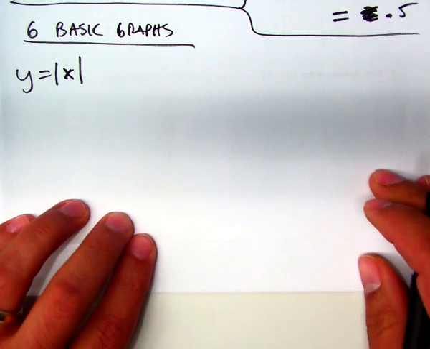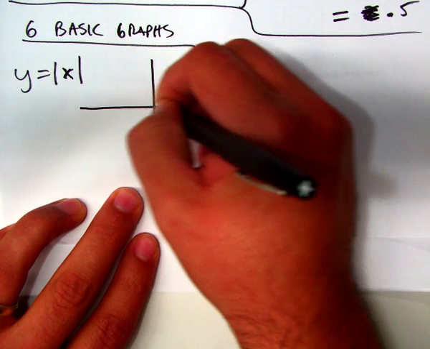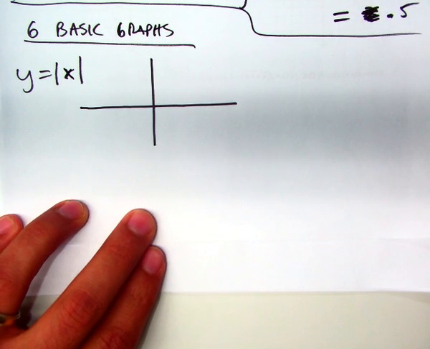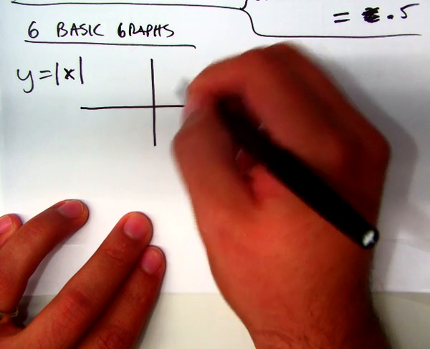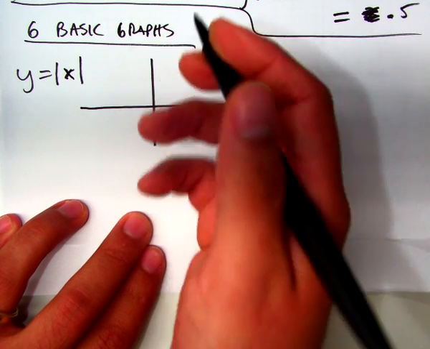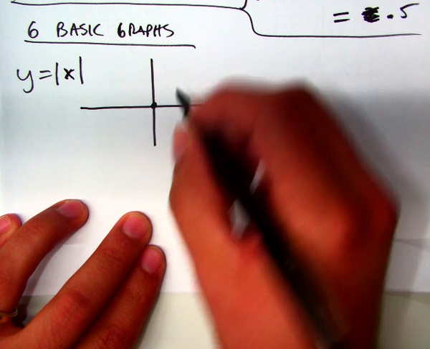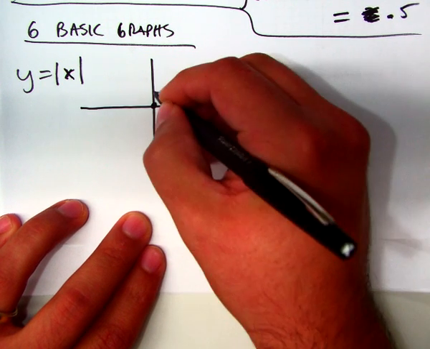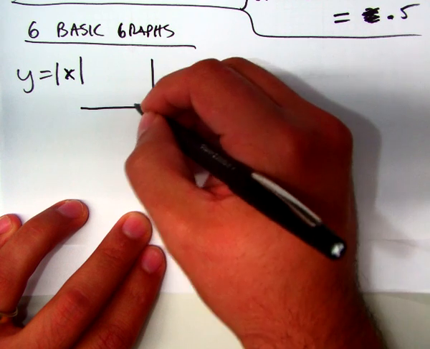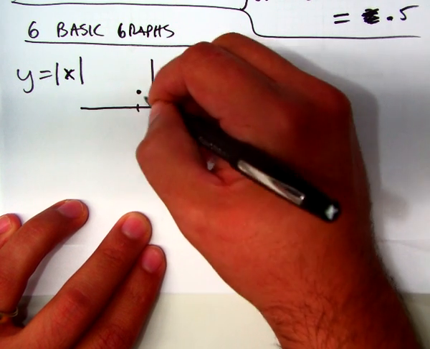It's a V, yes. Now, I don't want you to just draw any little V here. Let's actually draw some nice points. When I plug in 0, absolute value of 0 is 0. If I plug in 1, what's the absolute value? If I plug in -1, 1, and this is how you get your V.